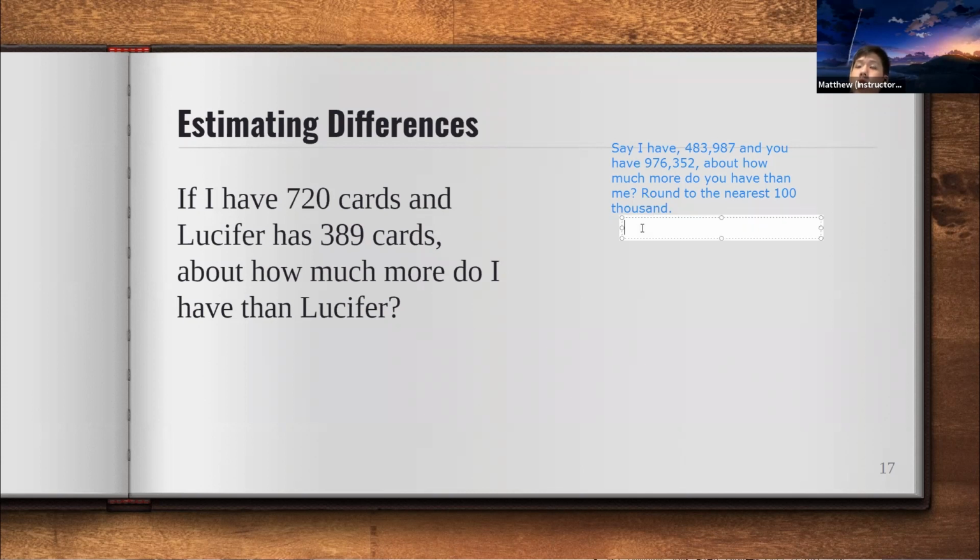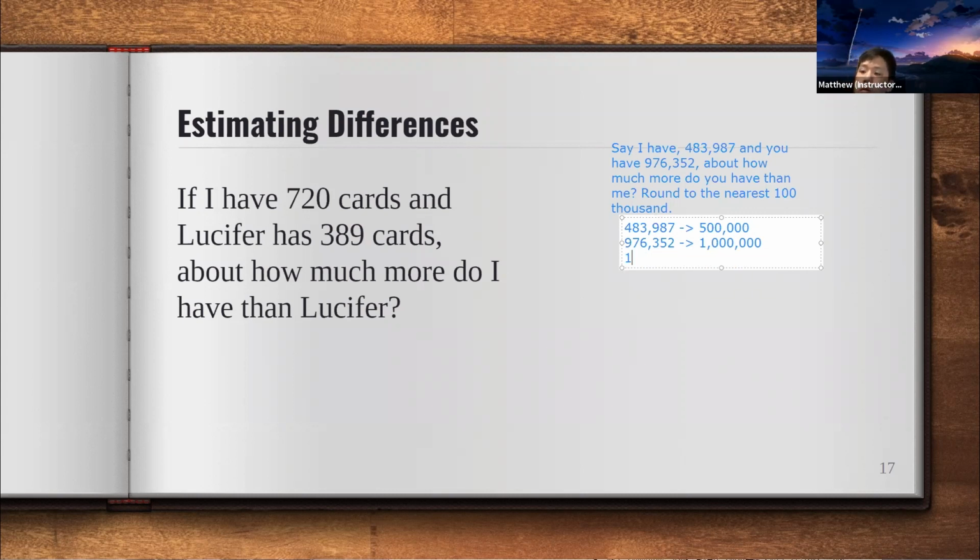So I'm going to answer the question right now. 483,987 would be about 500,000 when rounded to the nearest 100,000, and 976,352 is about 1 million, which is 10 hundred thousands.